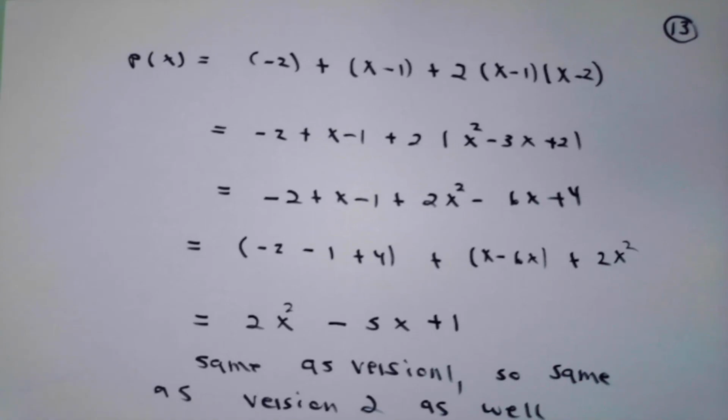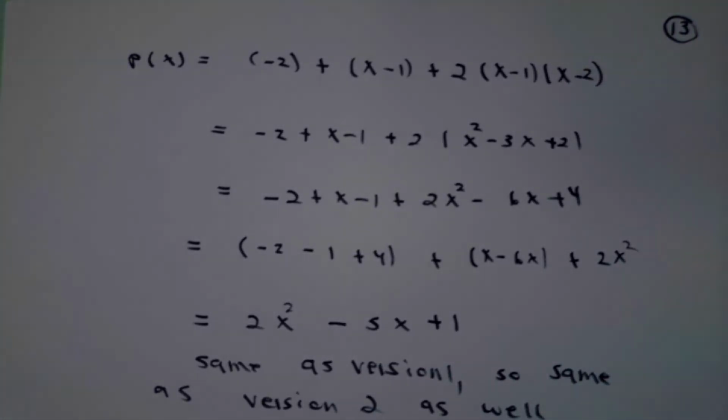When the dust finally settles, you find out that this polynomial is the same as 2x squared minus 5x plus 1, which is the same thing that we got from version 1, and we convinced ourselves that what we got from version 2 was the same as version 1. All three of these different formats for writing down the interpolating polynomial are in fact the same polynomial.